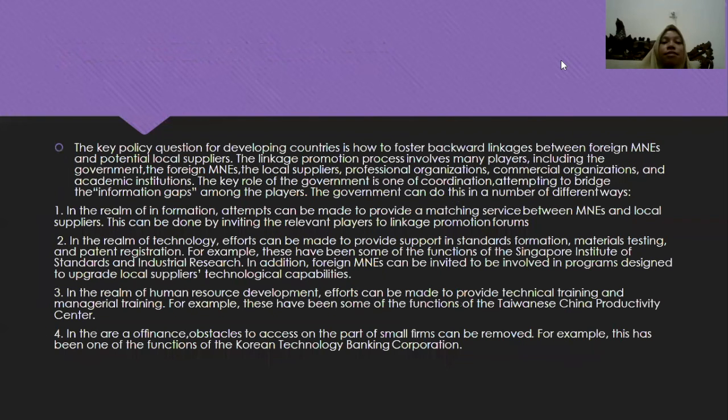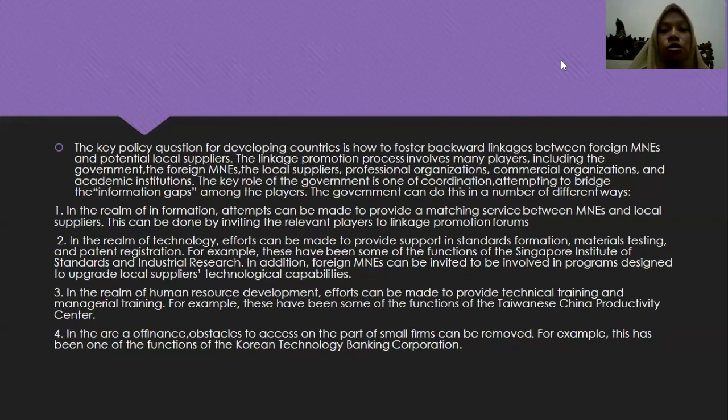Next, the key policy question for developing countries is how to foster backward linkages between foreign MNEs and potential local suppliers. The linkage promotion process involves many players, including the government, the foreign MNC, the local supplier, professional organizations, commercial organizations, and academic institutions. The key role of the government is one of coordination, attempting to bridge the information gaps.